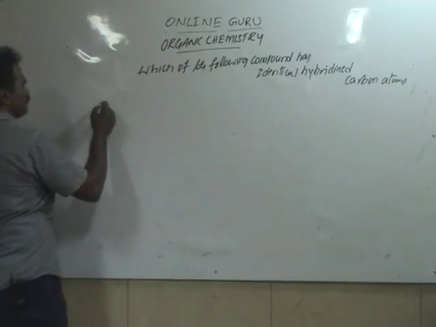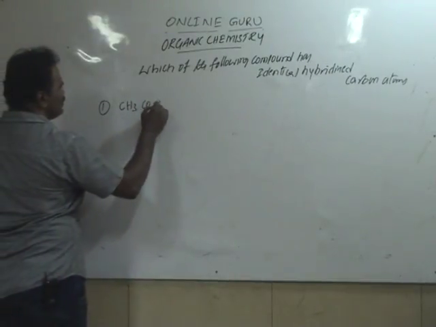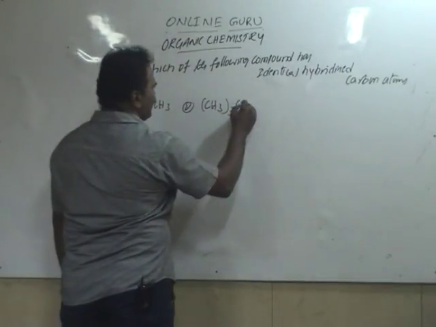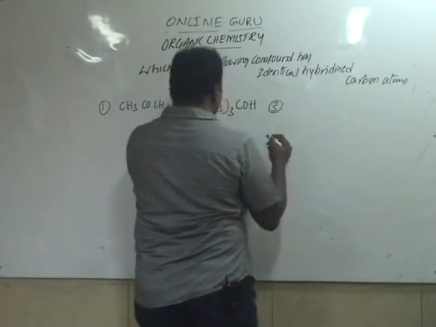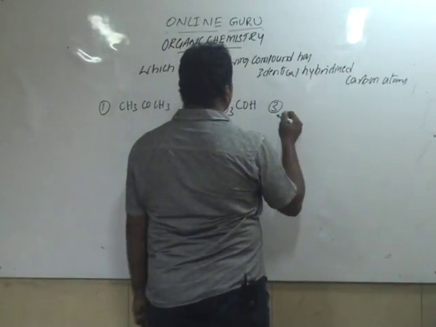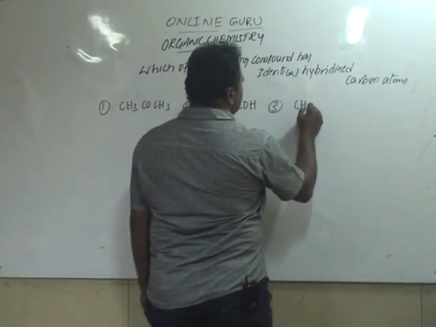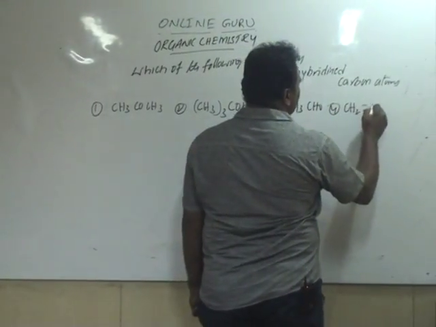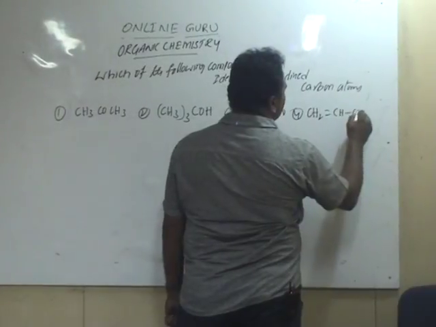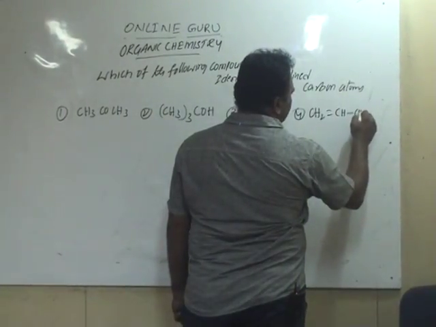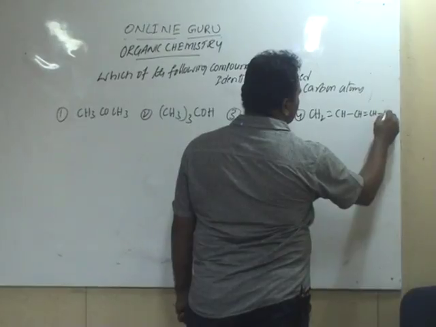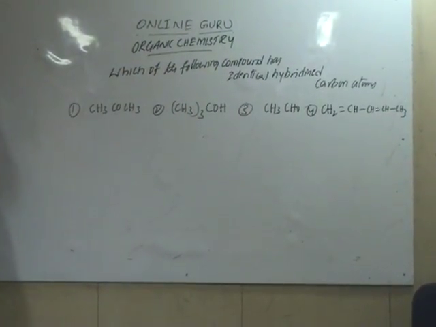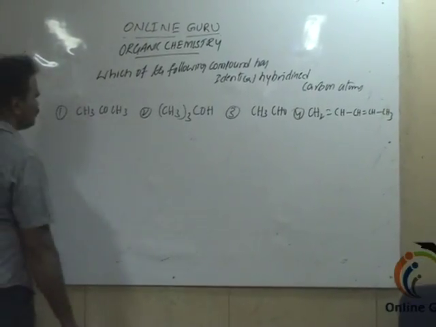Option 1, CH3COCH3. Option 2, (CH3)3COH. Option 3, CH3CHO. And option 4, CH2=CH-CH=CH-CH3. This is the given compound.